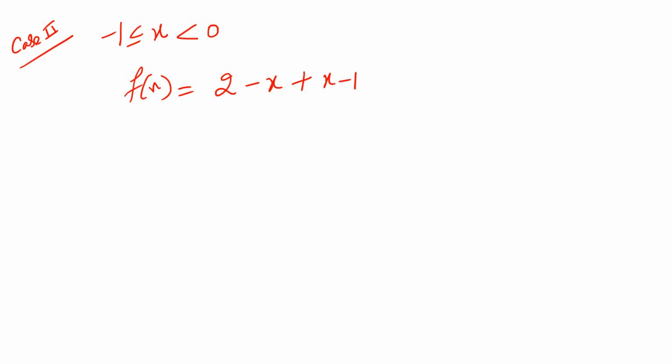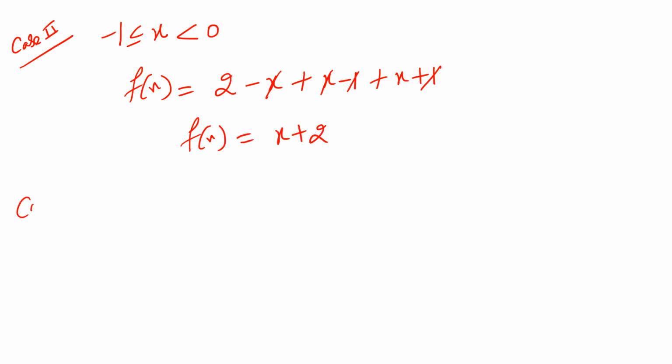And since this time x is greater than or equal to minus 1, x plus 1 is greater than or equal to 0. So the value of mod of x plus 1 will become just x plus 1. And now just simplify it. So you get the value of f of x equal to x plus 2.